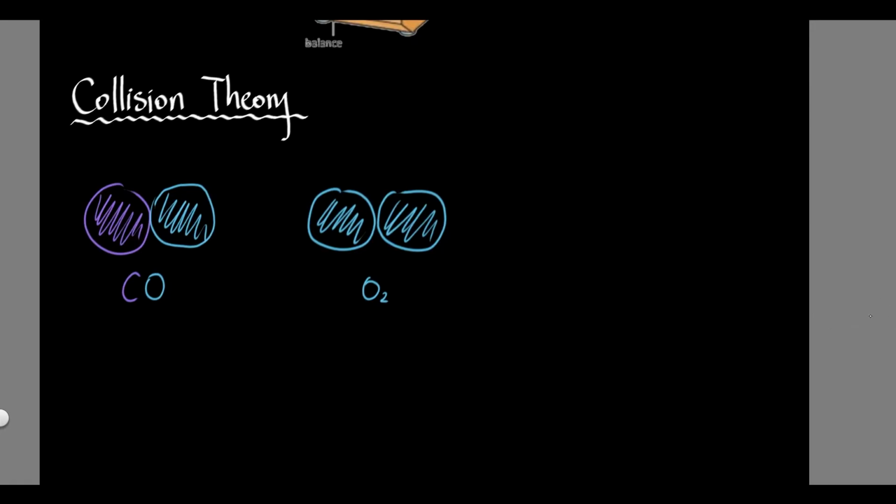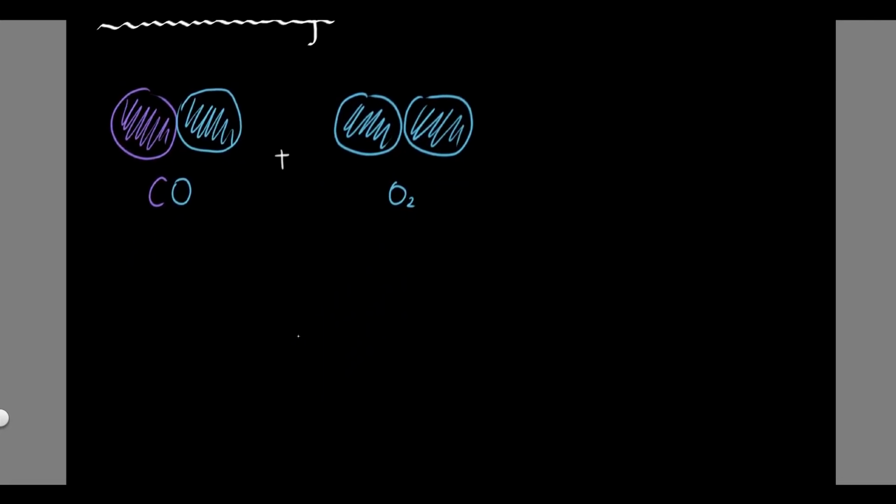Now, what would happen if these two collided with each other? Well, the first thing you might think is, wait a second, this is going to create some carbon dioxide, right? So this is going to create something like carbon dioxide, which looks like this.